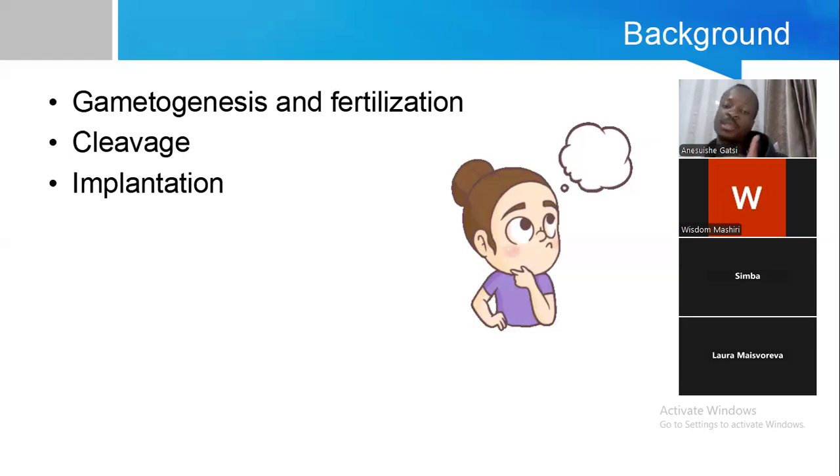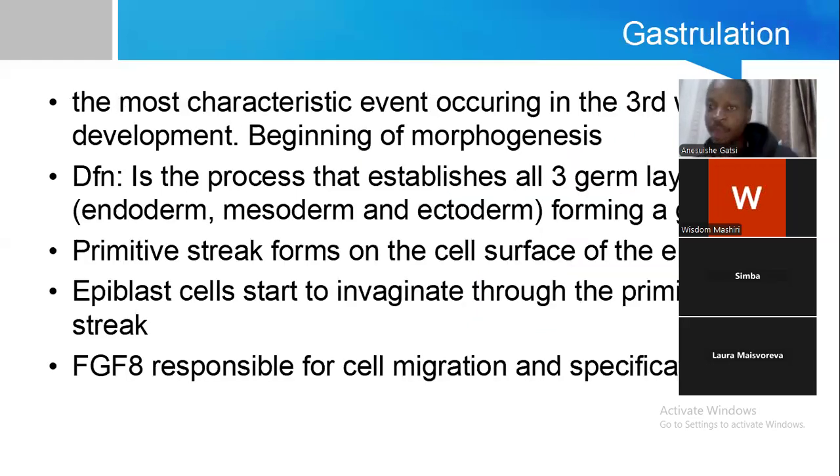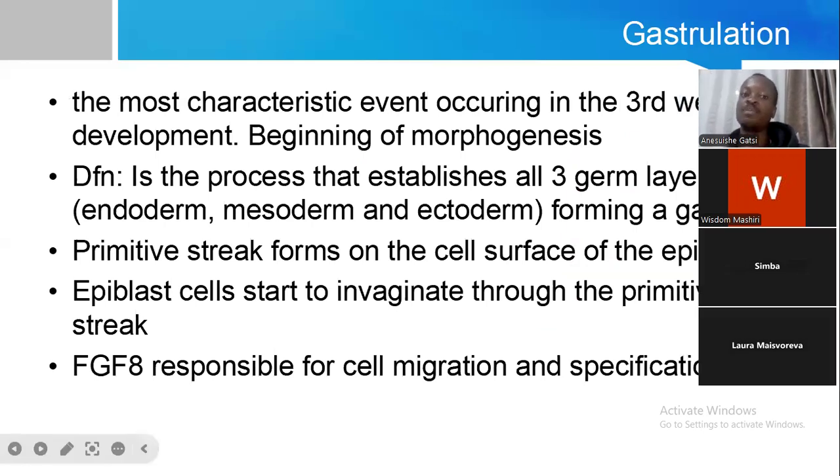So with that short background, when you now come to the third week of development, the most characteristic event that will be occurring is going to be gastrulation. And this is basically the beginning of morphogenesis. By definition, gastrulation is the process that establishes all three germ cell layers.